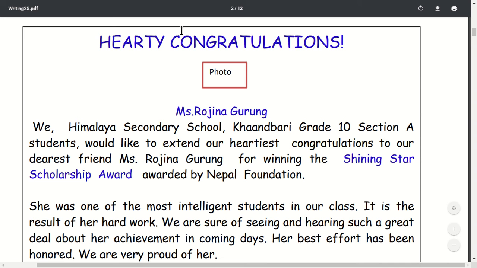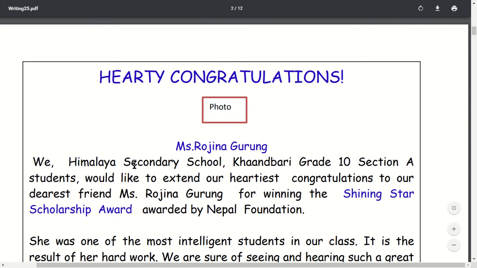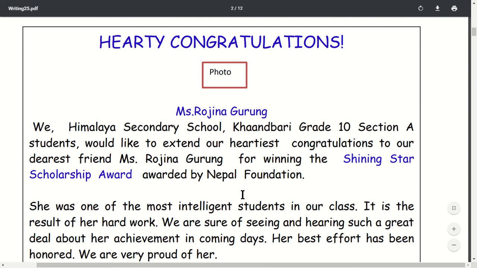And then after completing this, you have to write the title, and then design the photo here. And after completing the writing, you have to draw a border here. The border is very important. While writing this hearty congratulations, this is the layout you have to follow, and then you have to draw the border.